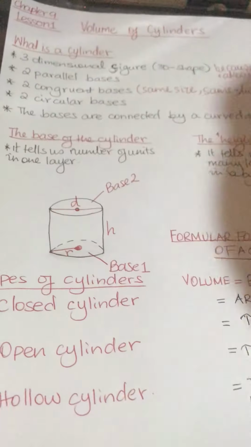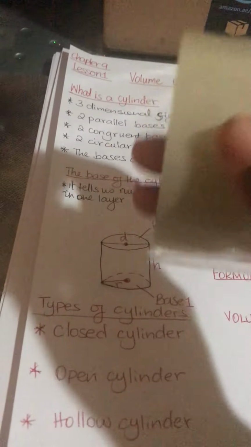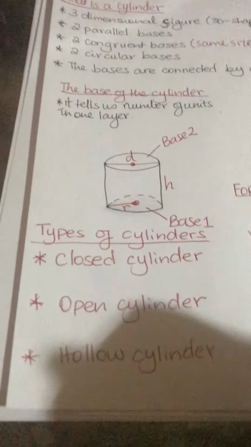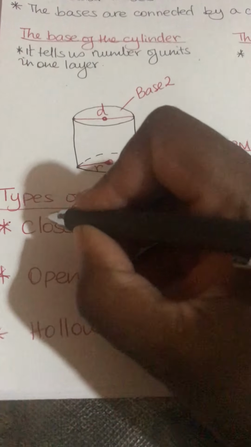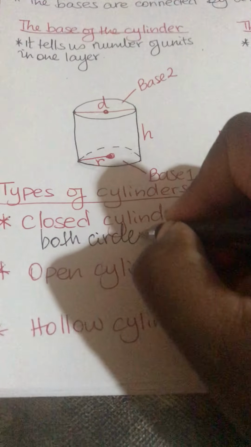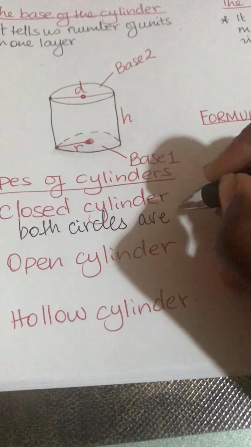And then you have your hollow cylinder, where your hand can go all the way through. That means the top circle is missing and the bottom circle is also missing. If you can see through all the way, then you have a hollow cylinder. In your closed cylinder, both circles, or both bases, are there.